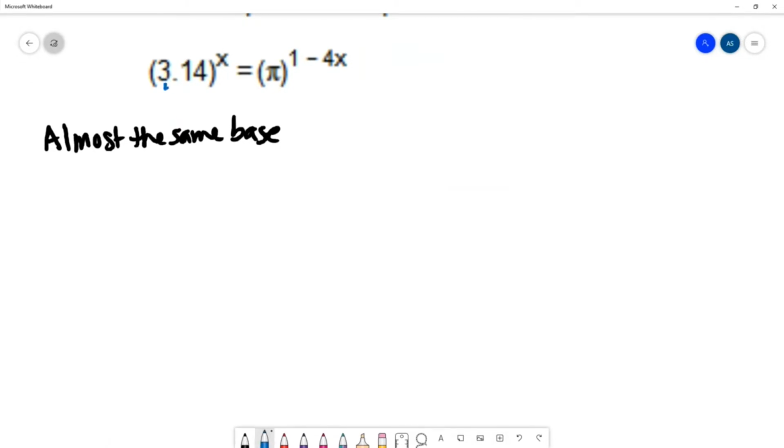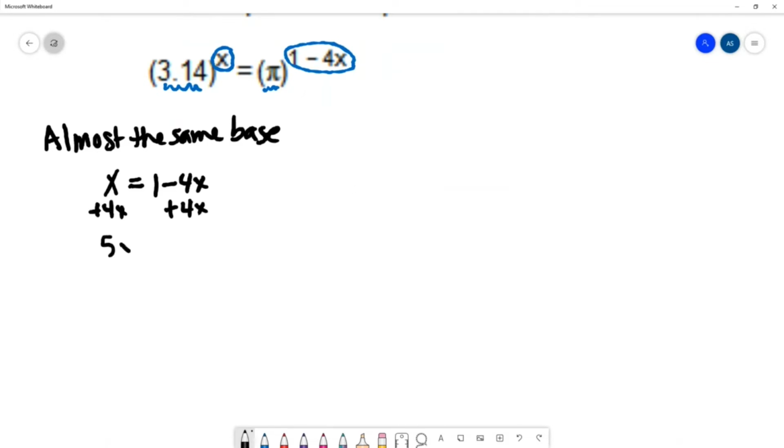So these bases are pretty close to each other. So we're going to use that one-to-one property, and say that the exponents are equal to each other. x is equal to 1 minus 4x. And we're going to solve by adding 4x to both sides.